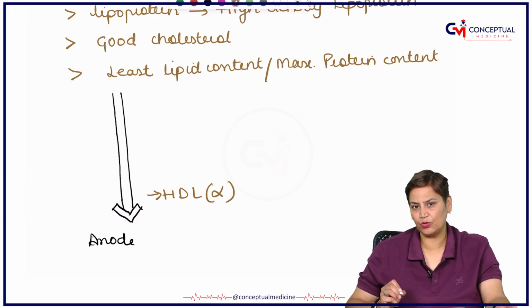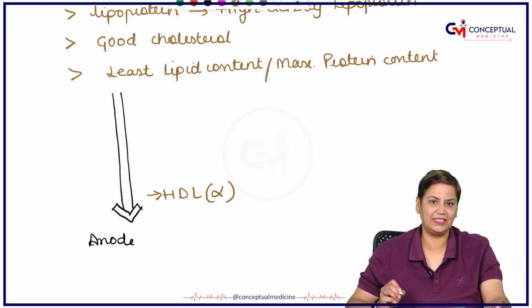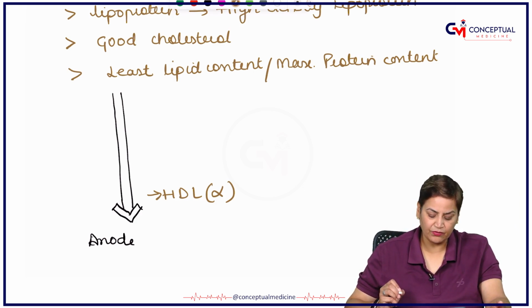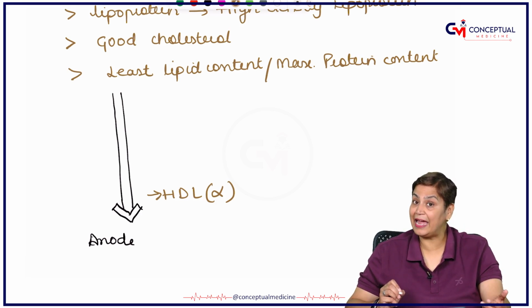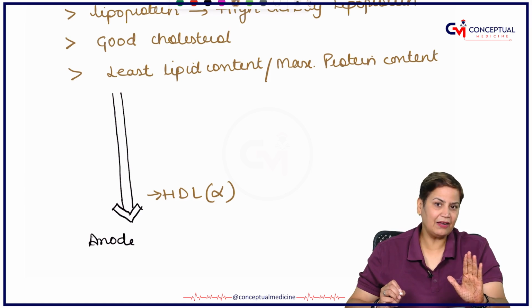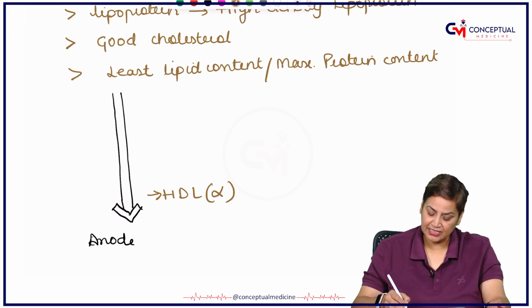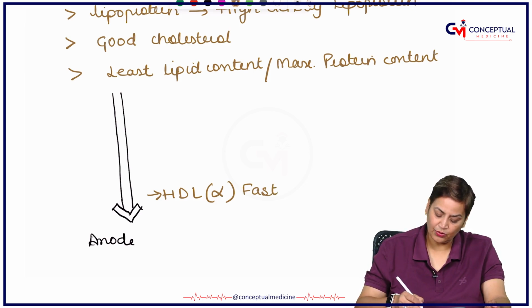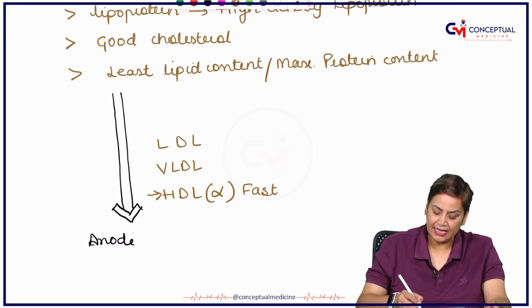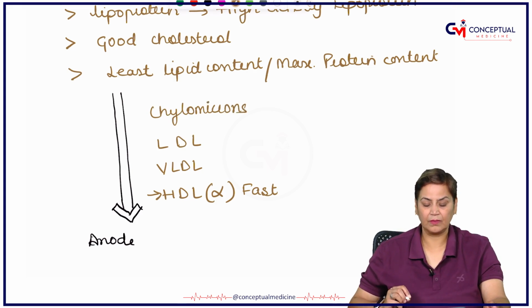There are other lipoproteins also, like lipoprotein A, and most students get confused between lipoprotein alpha and A. So HDL is alpha. Why alpha? Because it is the fastest moving fraction, followed by VLDL, LDL, and then the chylomicrons. So this is very important.